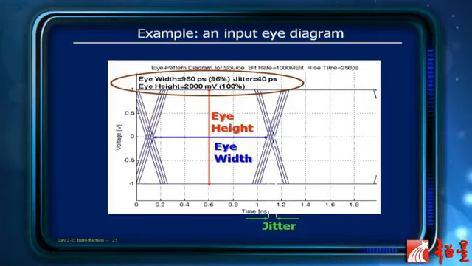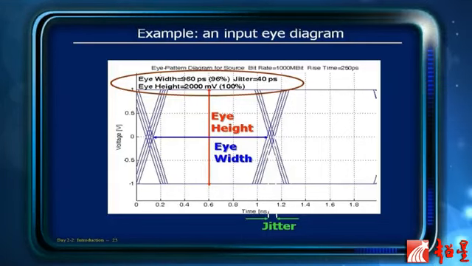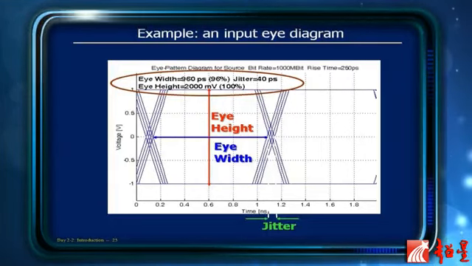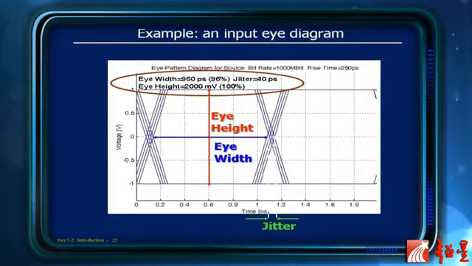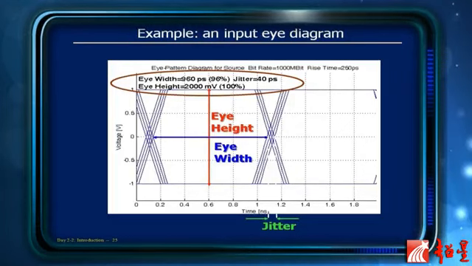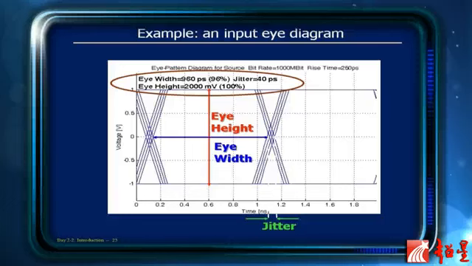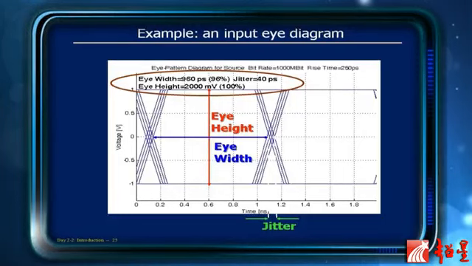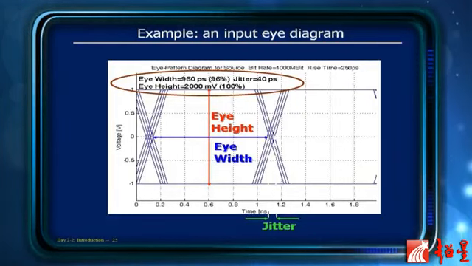Then there is so-called jitter, that is, some edges come earlier and some edges come later, so you have a range. So at least you have 3 parameters here: eye width, eye height, and jitter. We can use these to specify how well we can transmit digital signals.